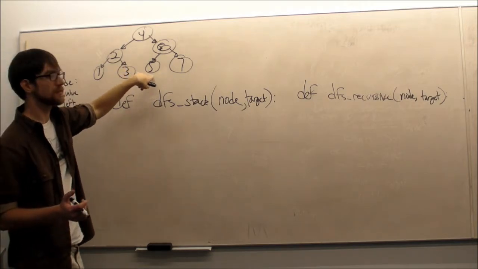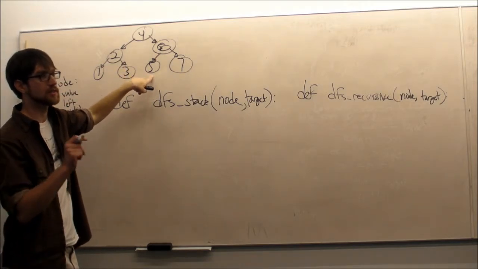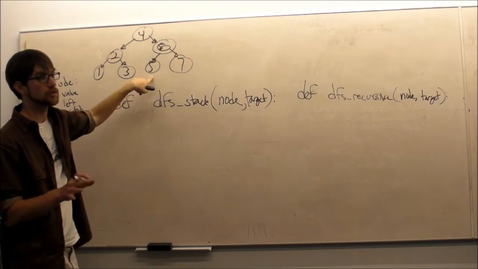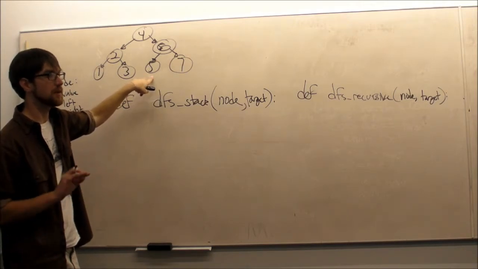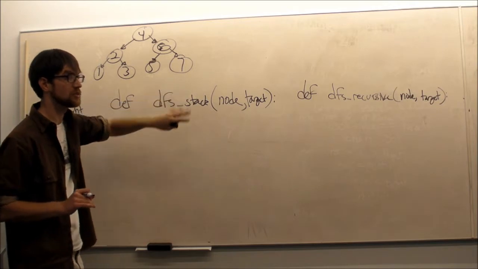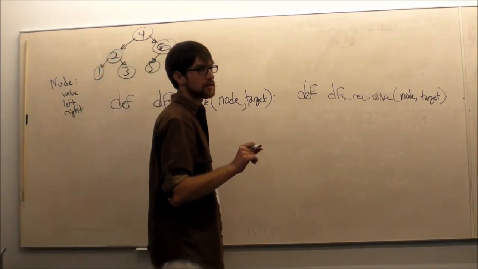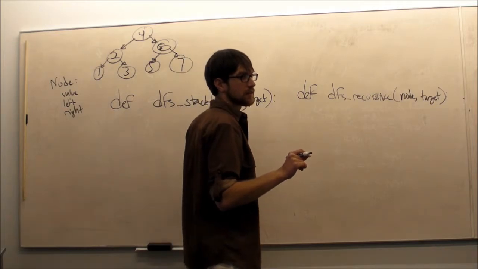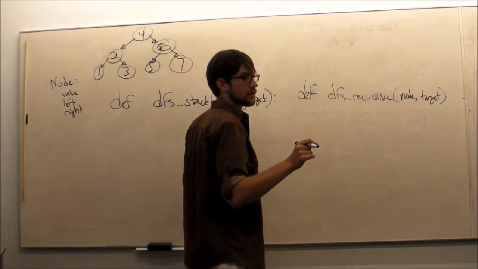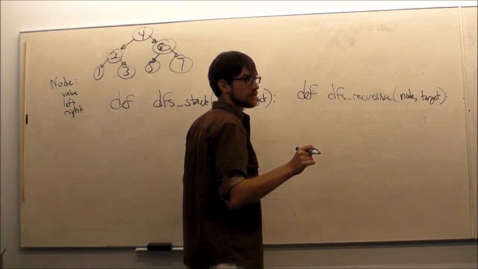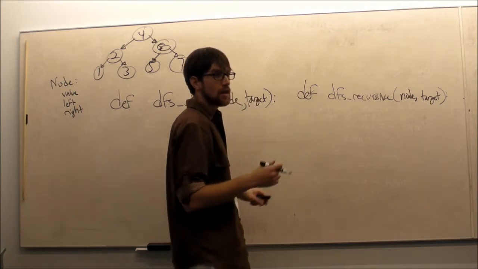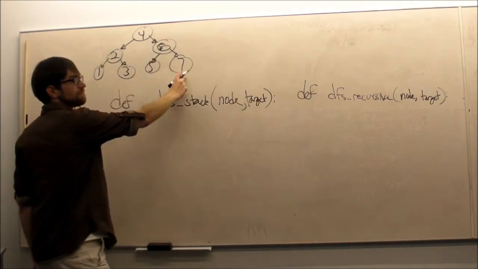But that's still part of the tree itself. And so that's a little different from what we did last time. You could structure your algorithm to check if you're at a leaf, but we don't need to do so. What did we do instead of checking if we were at a leaf? I just saw if you were none. If the node was none. If you were off the tree. Right.